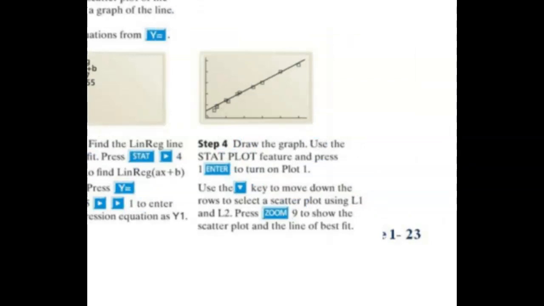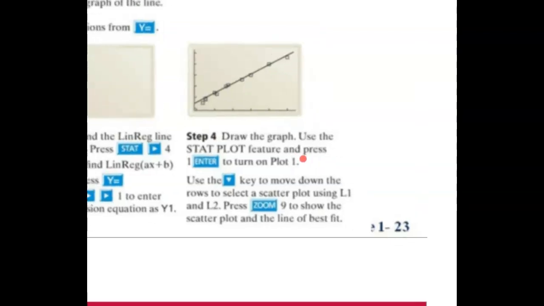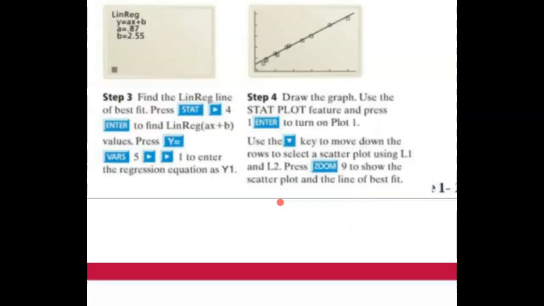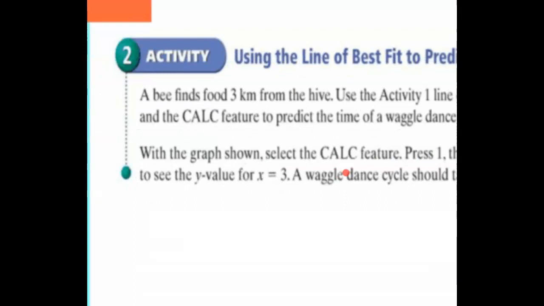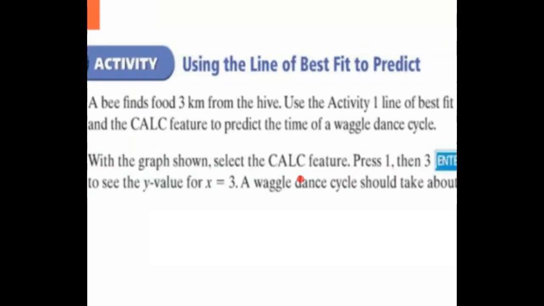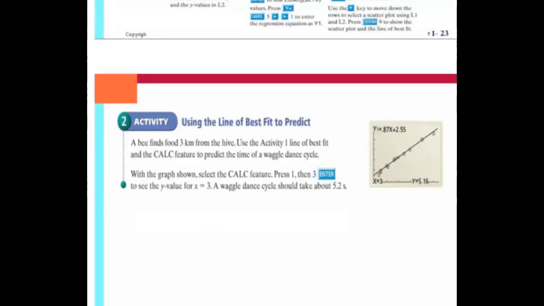You can turn on the plots by going to stat plot and hitting enter up above on plot 1. Then you'll see your data. Zoom 9 always puts it into stat. It's zoom stat. And then you can find particular y values by using the calc feature. And we're going to go through a whole day of calculator work in here. Probably in chapter 2.